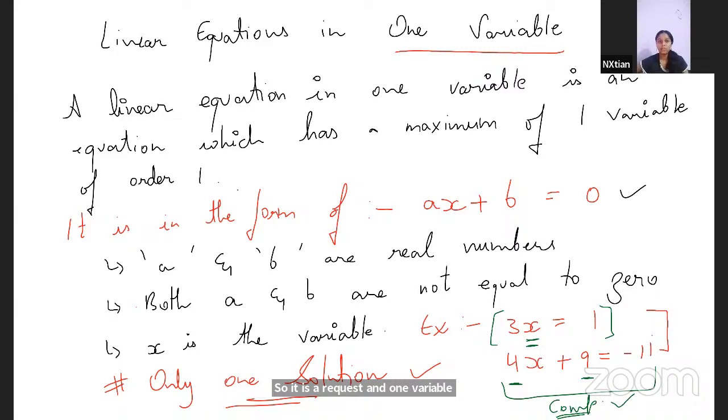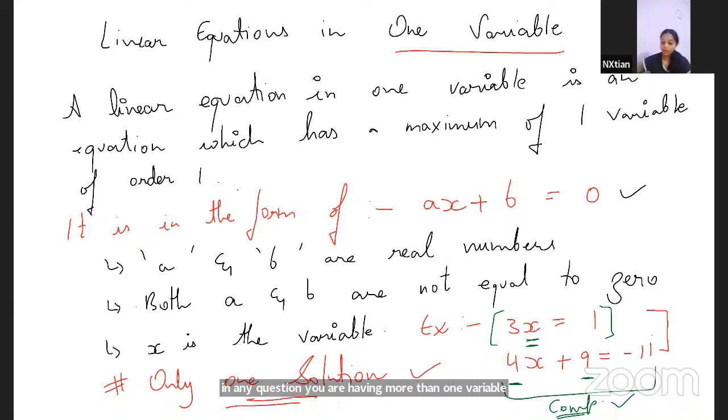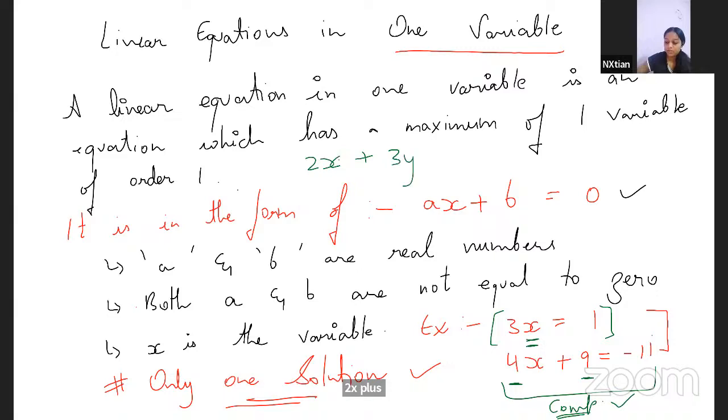If in an equation you have more than one variable, that is, you have x and also y, take a look at this equation I'm writing: 2x plus 3y equals 14. It is also a complete equation, because the equals sign is there and a number is given.